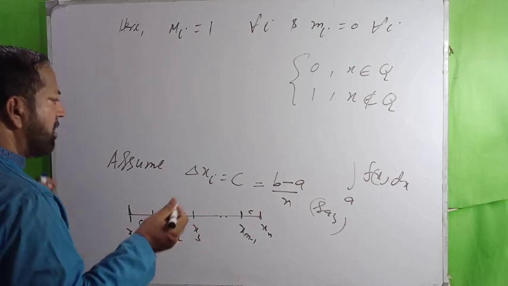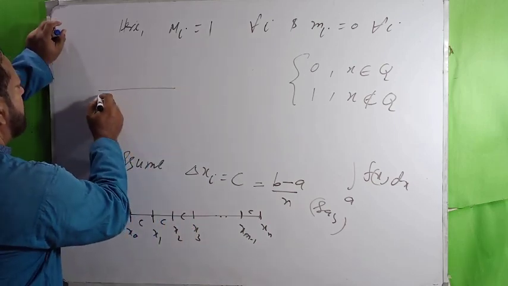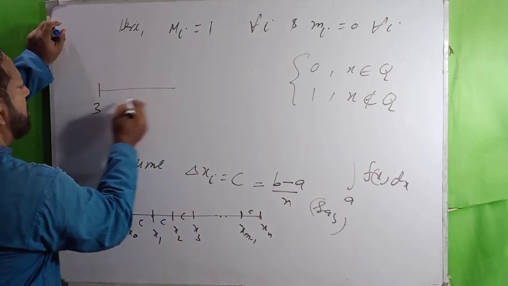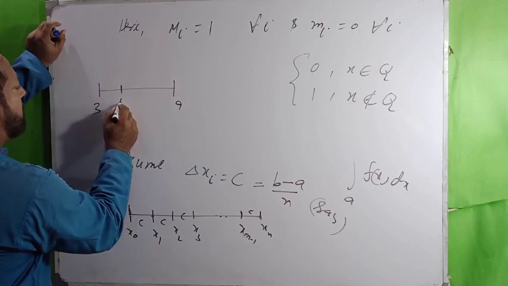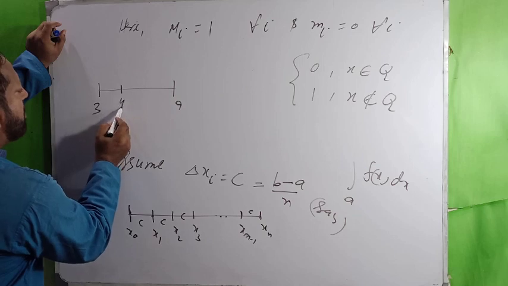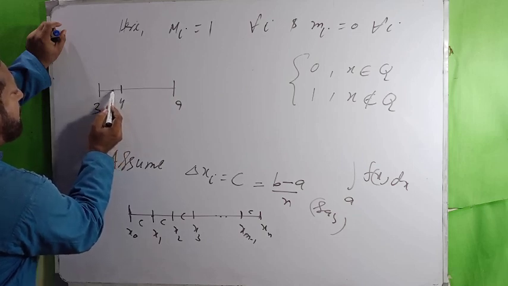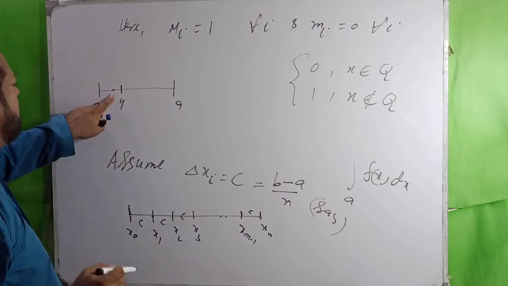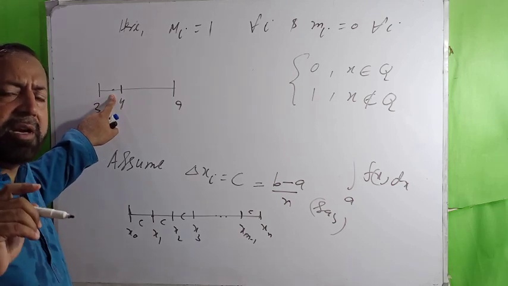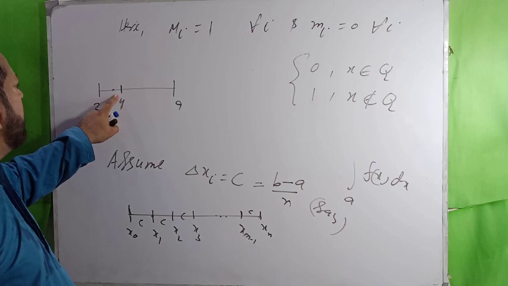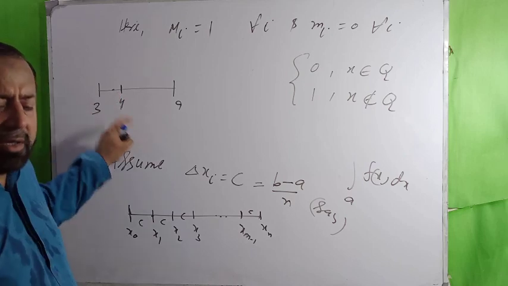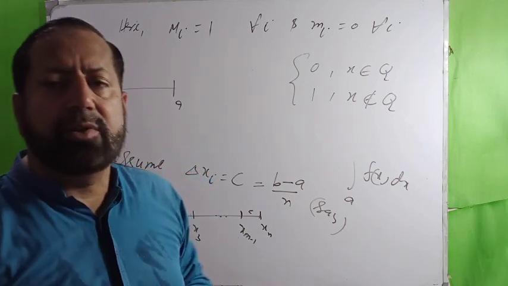Suppose I want to integrate from 3 to 9, and I have taken the subinterval 3 to 4. Between 3 and 4 there are infinite rational numbers, and in this subinterval you are getting infinite irrational numbers as well.